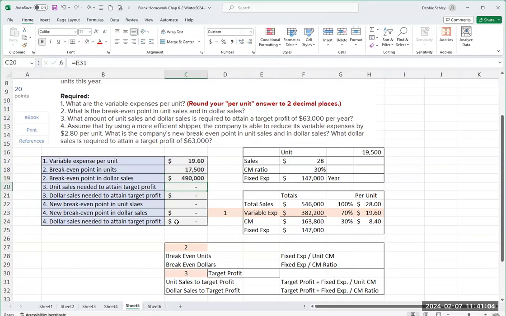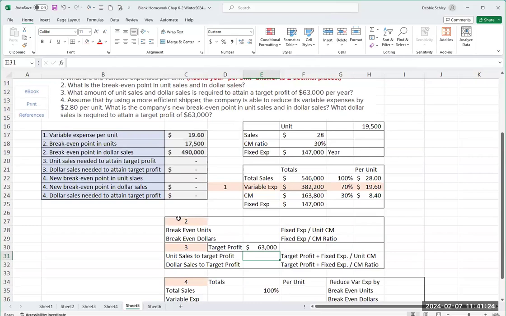Okay. Now, when they talk about target profits, what is the amount of unit sales and dollar sales required to attain a target profit? So for me, it's 63,000. Now the difference is we're trying to cover the fixed expenses and the target profit with our contribution margin.